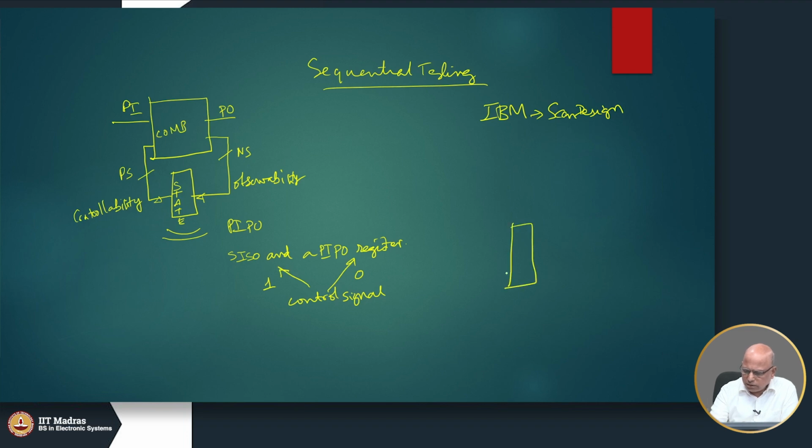So, suppose I have a state register, it is a parallel in parallel out. The next state comes here and the previous state comes here, but we also have a serial in serial out.